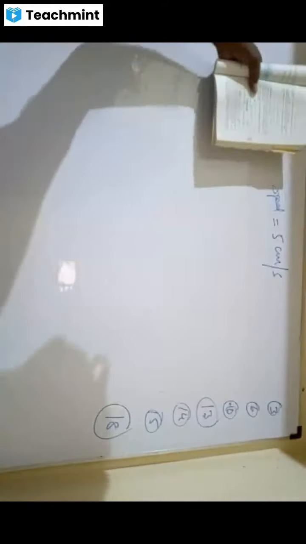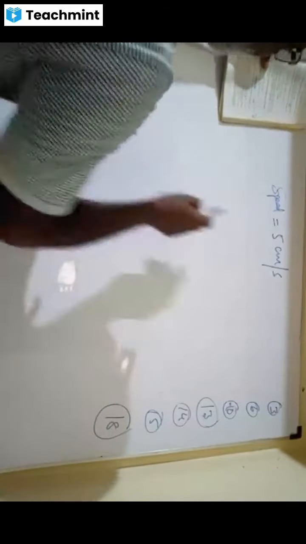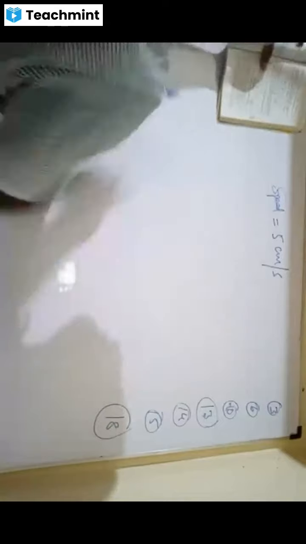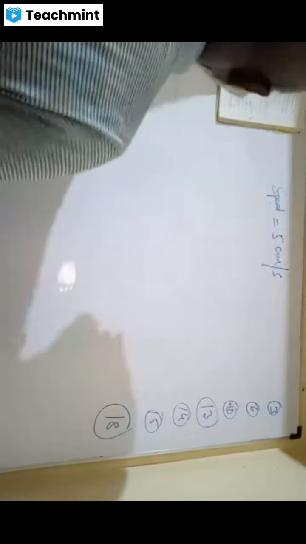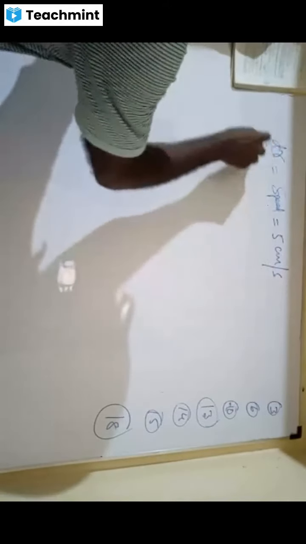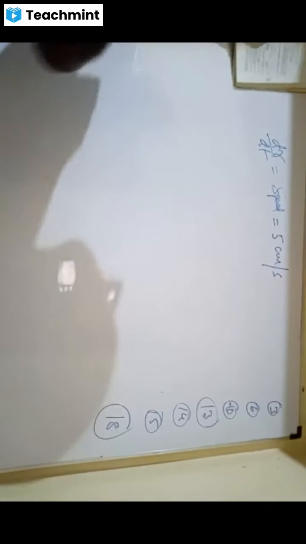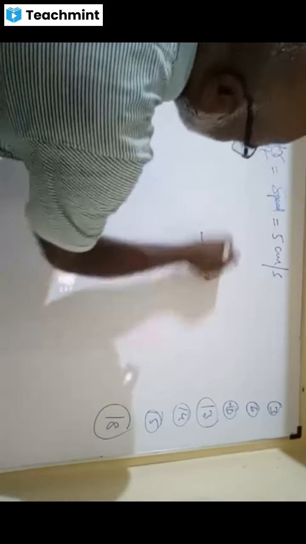Okay, wonderful. How fast is the enclosed area increasing? So this speed is nothing but dr by dt only. Yes or no, dears? Yes, sir. Speed is the rate of increase of the radius simply.